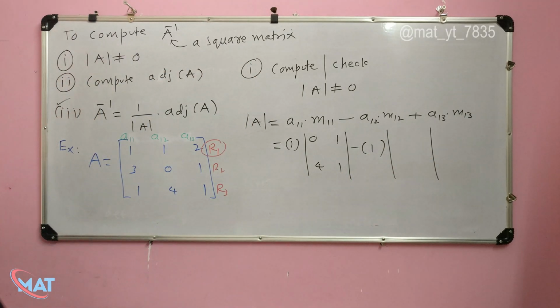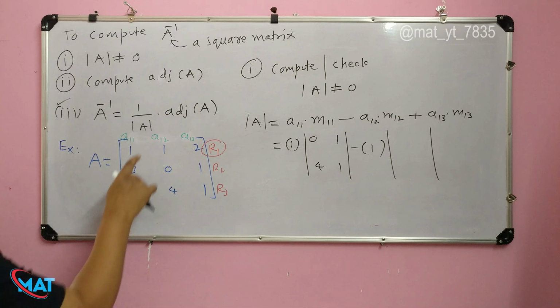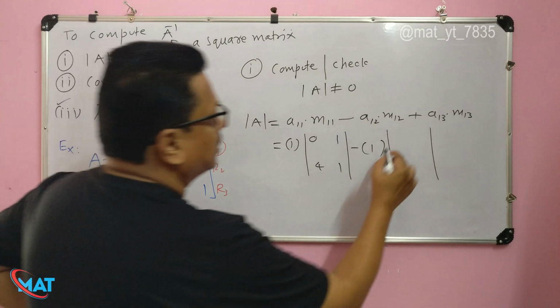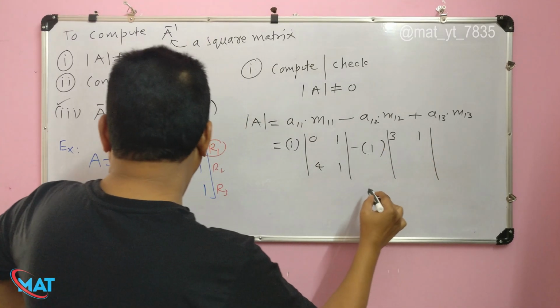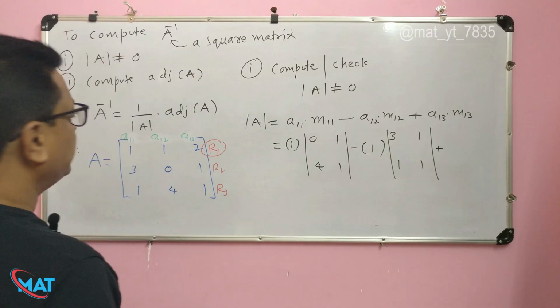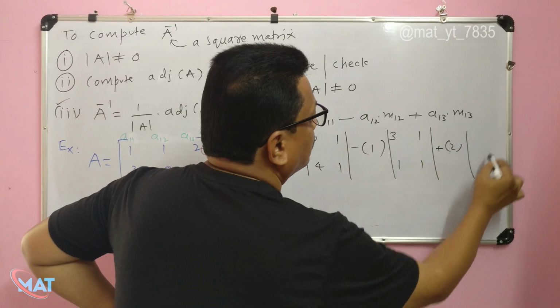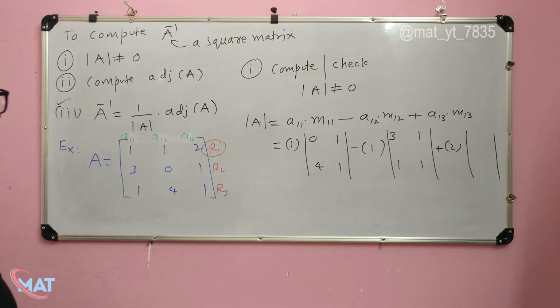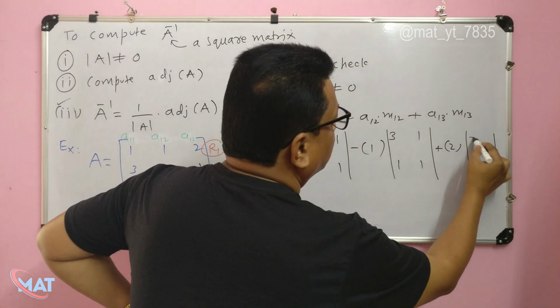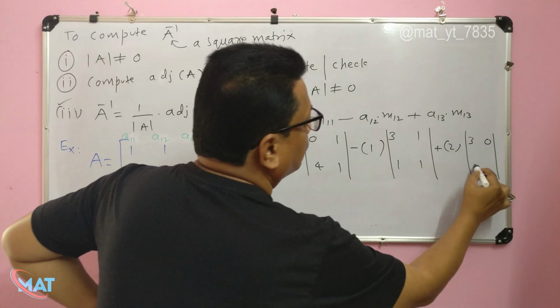Delete first row, second column to get the minor. The leftover elements are 3, 1, 1, 1. Plus A13 is 2. Delete first row, third column. The leftover elements are 3, 0, 1, 4.